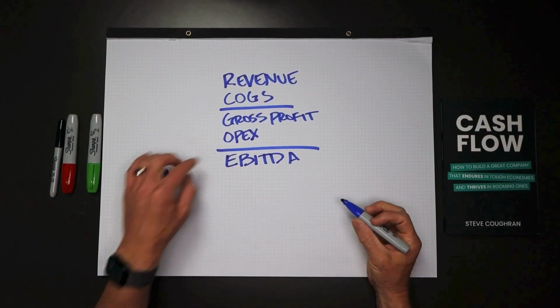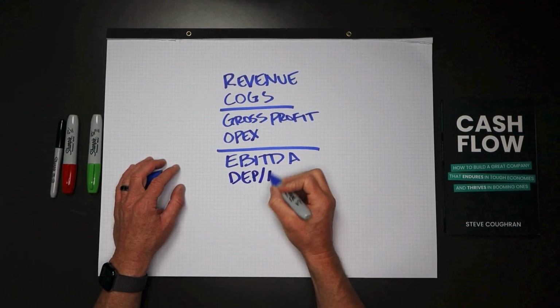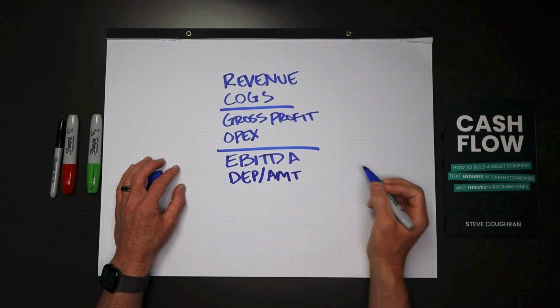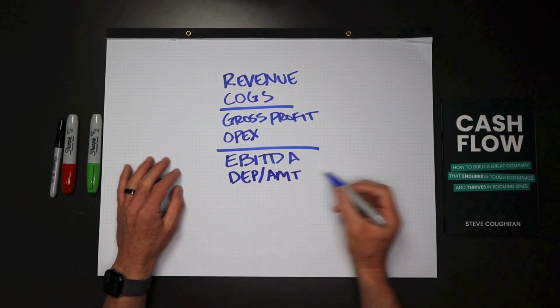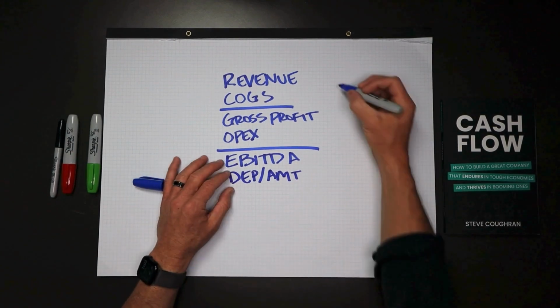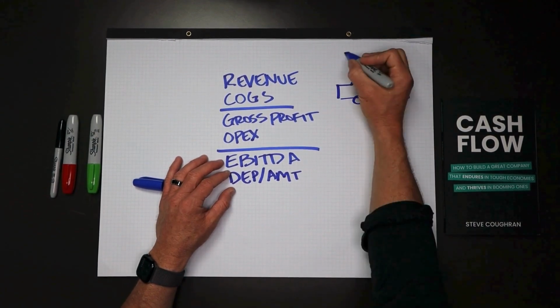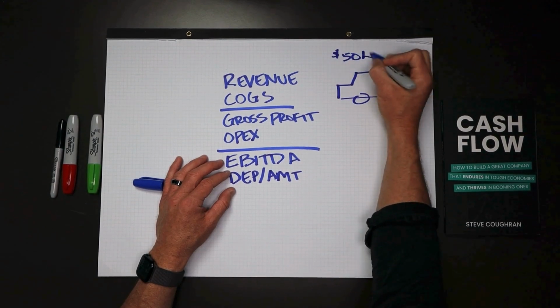So let's keep going. We have EBITDA, and we're just going to subtract out depreciation and amortization. This is the DA. So we'll just strike that out because depreciation and amortization is tax deductible. So think about it. You go out there and you buy a truck. The truck is $50,000, right?